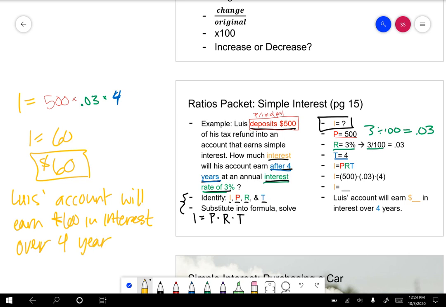So without him doing anything, if that $500 just stays there and he earns interest at a rate of 3%, after 4 years, he would have an additional $60 in his account without doing anything.